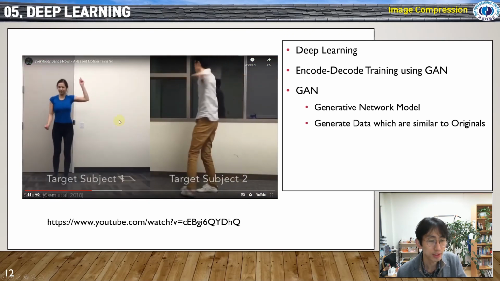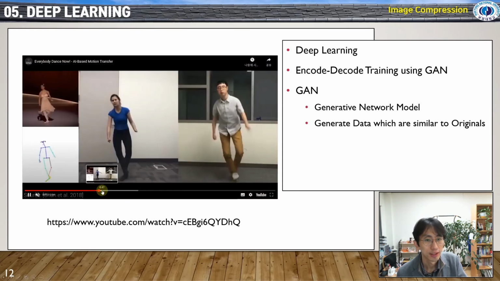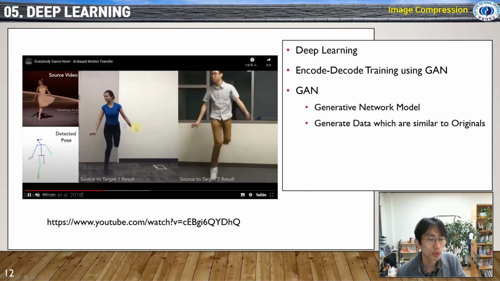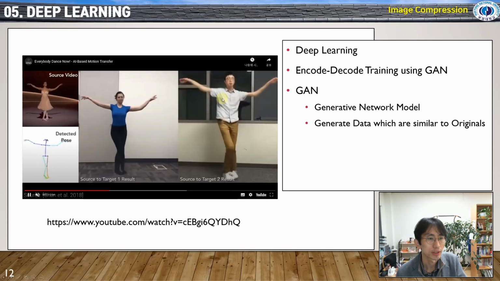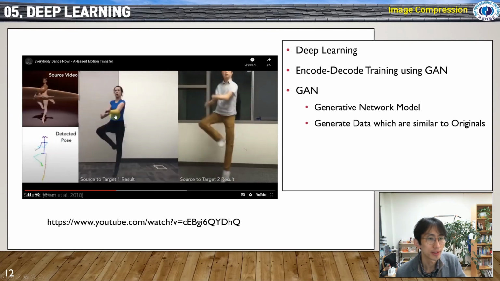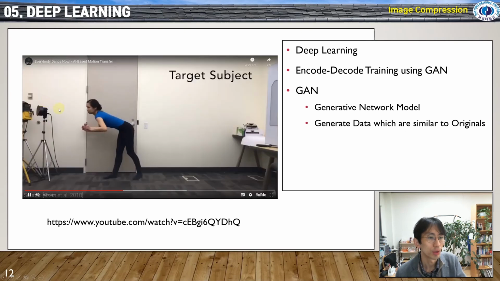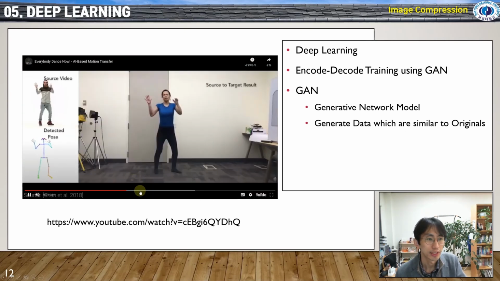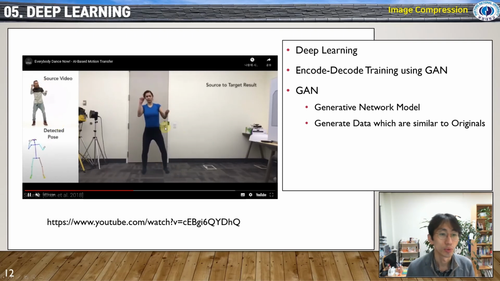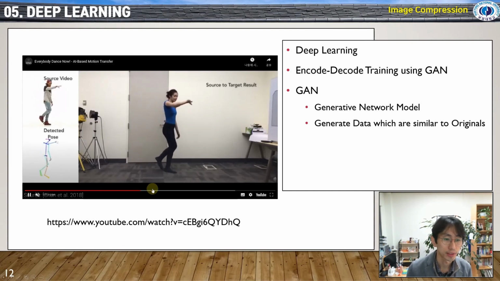There is the dancer, and there are normal people who cannot dance, and this is not the real video. They generated this video with GAN, and they mixed the posture of the original dancer and combined it with the participants. This is what we can do with GAN.